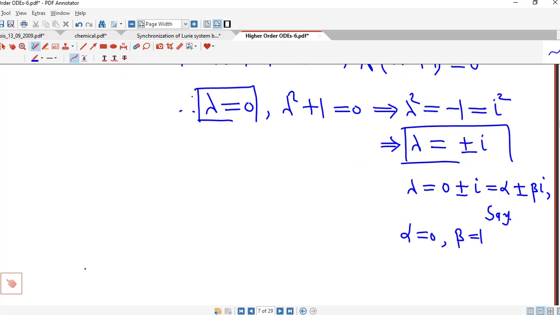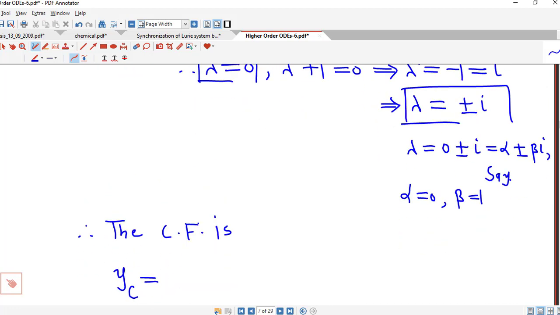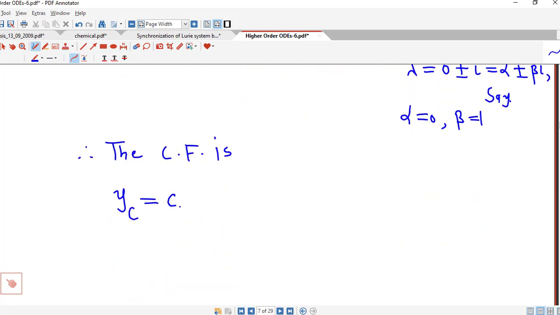So first we write down the complementary function. The complementary function is y suffix c equal to, corresponding to lambda equal to 0, the part of the complementary function is c1 e raised to 0x. Corresponding to alpha equal to 0, beta equal to 1, we have c2 e raised to alpha x cos beta x, that is e raised to 0x cos x.